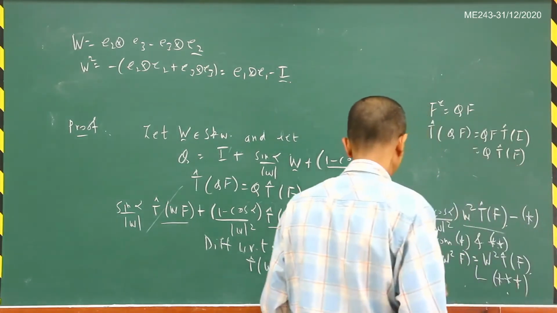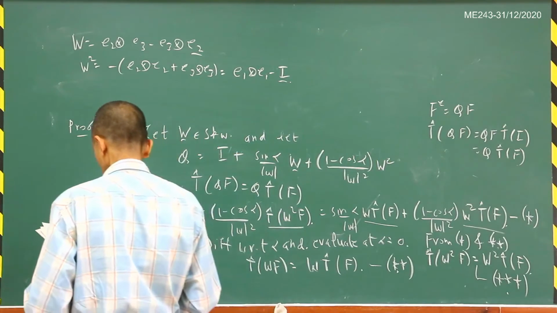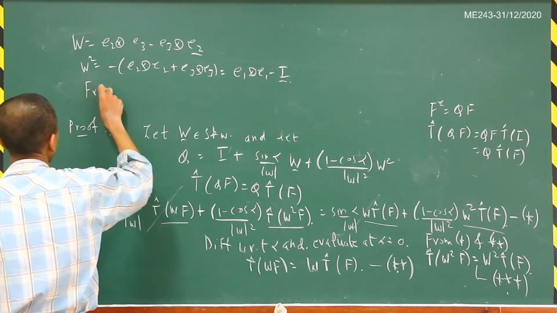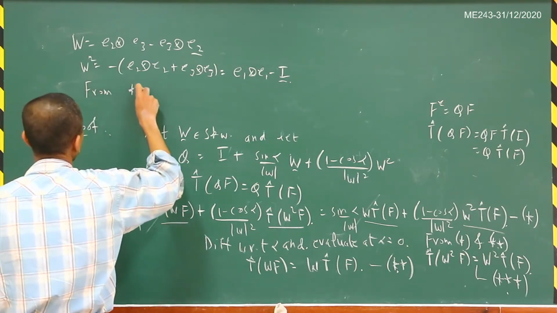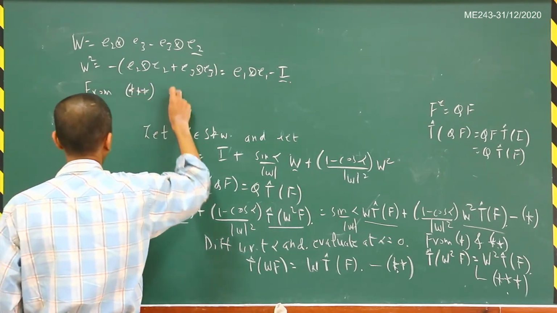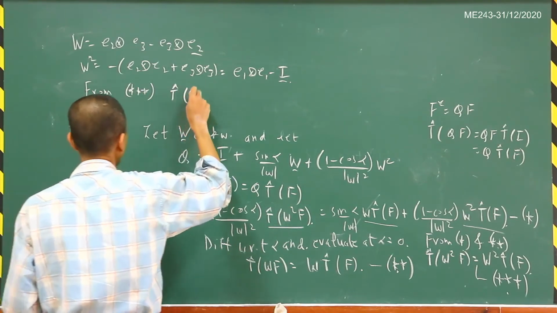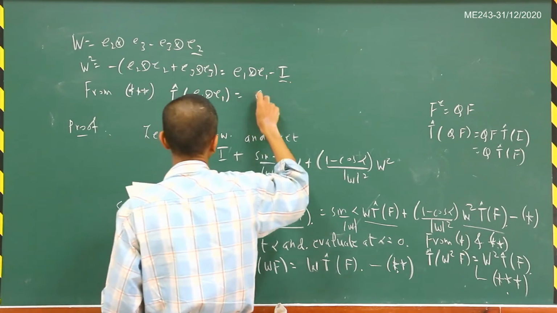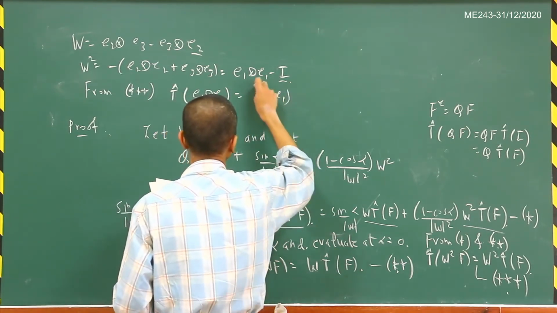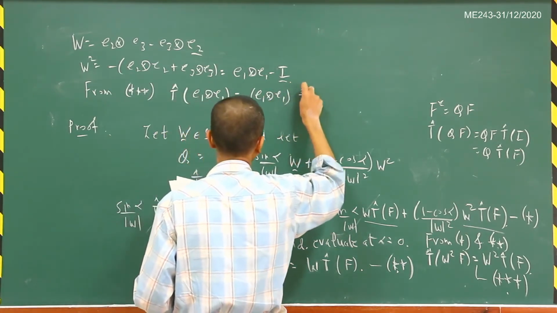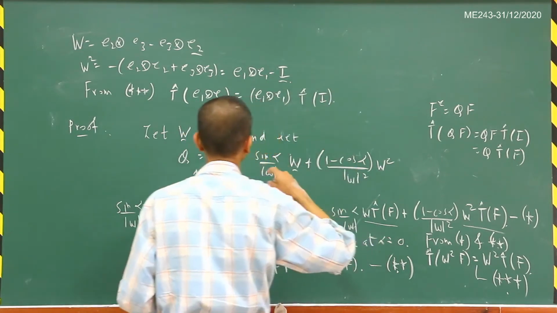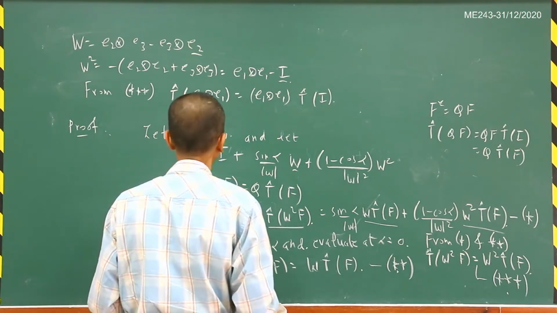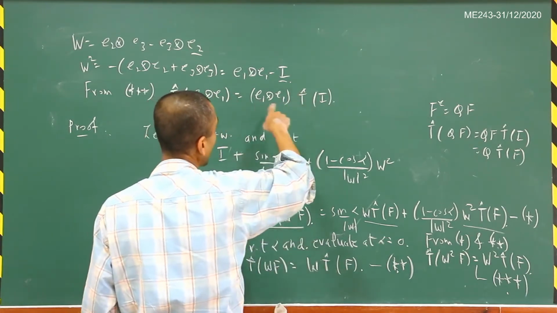So from 3 star, what you will get is that T hat of E1 dyadic E1 is equal to E1 dyadic E1 times T hat of the identity. What I have done is that I have already used the linearity of T hat.